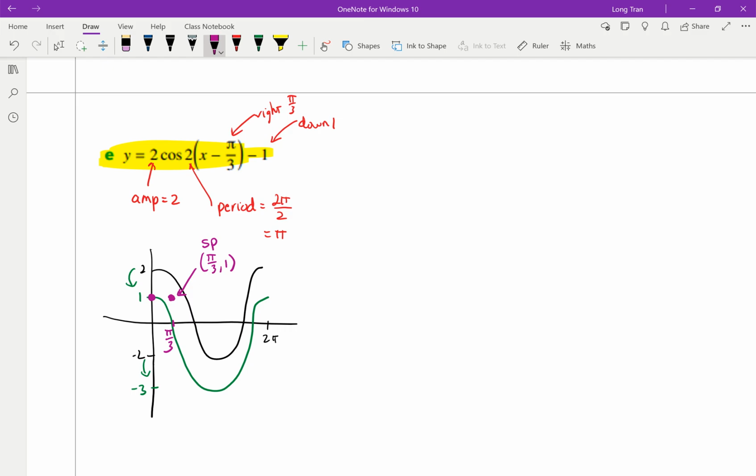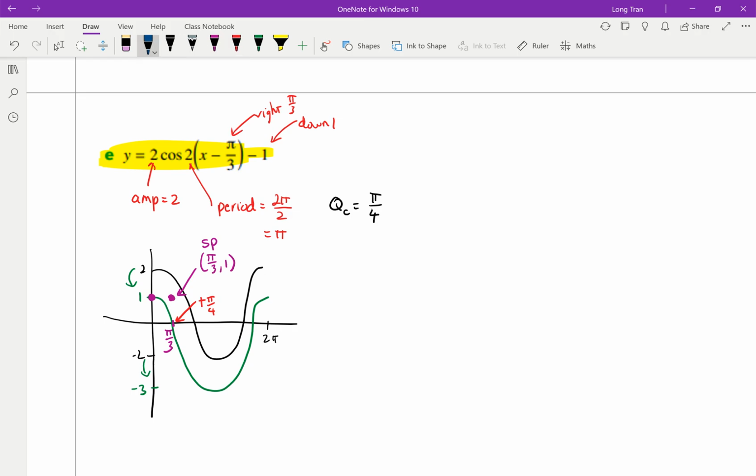With the reference point I need to work out the quarter cycles. Remember, quarter cycles are quarters of the period, so pi divided by 4. To move to the next quarter cycle, I need to add an extra pi on 4 from here. Let's work that out.